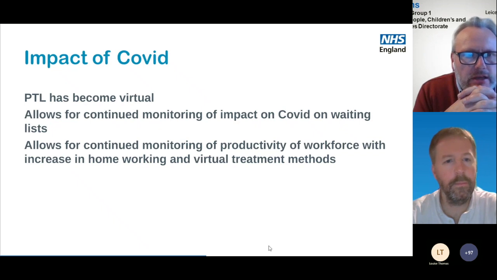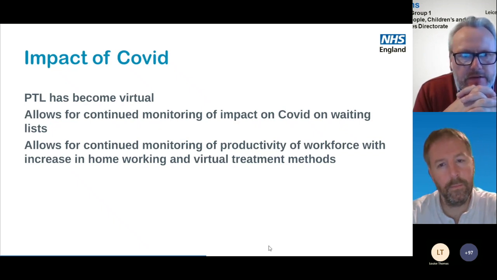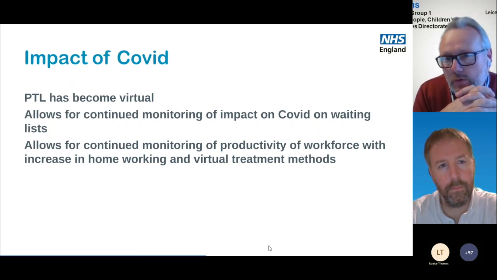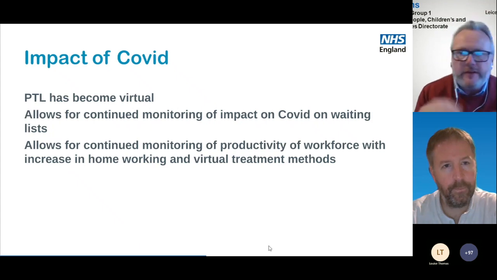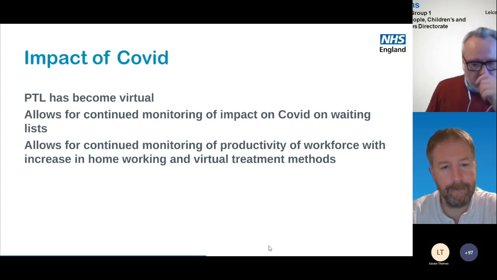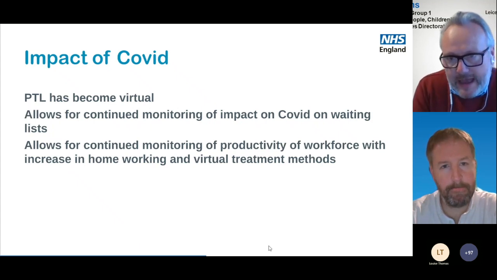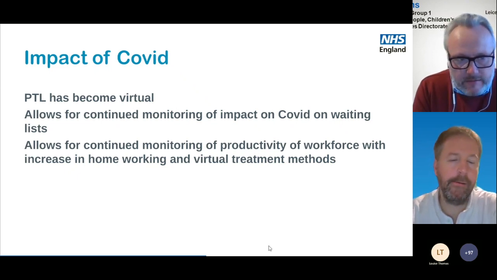So COVID's had an impact for us. Our PTL's become virtual rather than being physically based. I think we'll probably move to a blended model going forward. It has allowed us to monitor the impact of COVID on our waiting lists, and that's been quite important for us in CAMS, because when schools closed and then reopened, that had a significant impact on our referral rates, and so we were able to monitor that, plan for it, and anticipate the knock-on impact onto our internal waits.